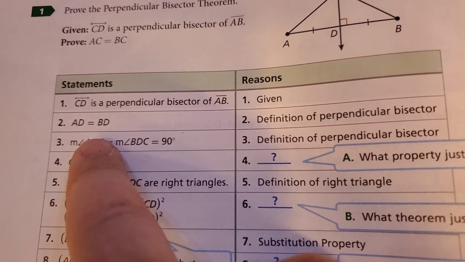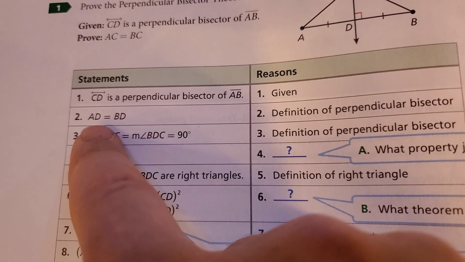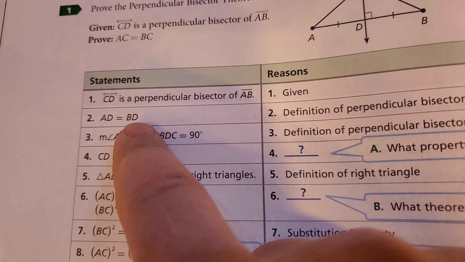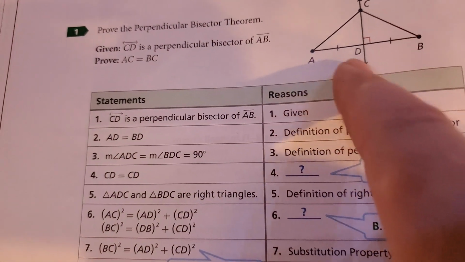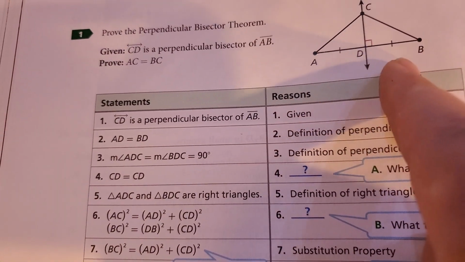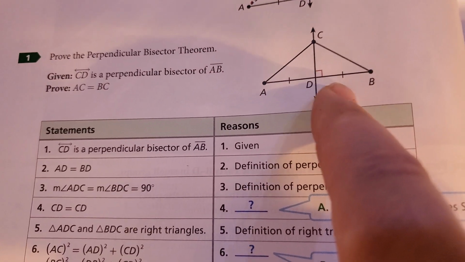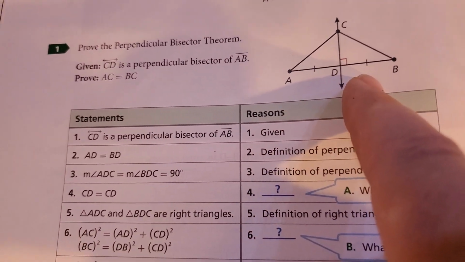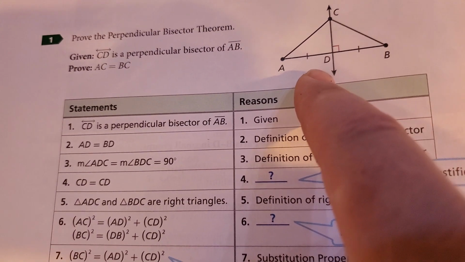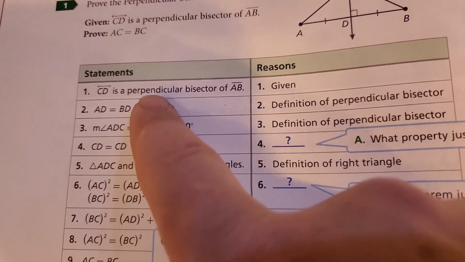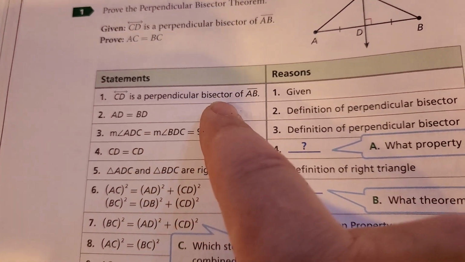All right, in step 2, they mentioned that AD and BD have to be equal in length. There's the AD, there's the BD. They had already marked it up in the picture, but it's coming from the previous given statement that it is a perpendicular bisector.